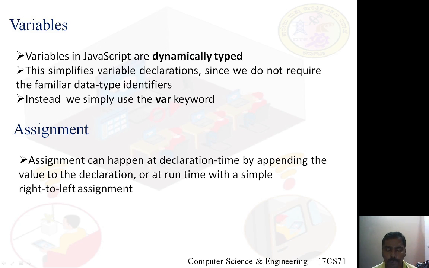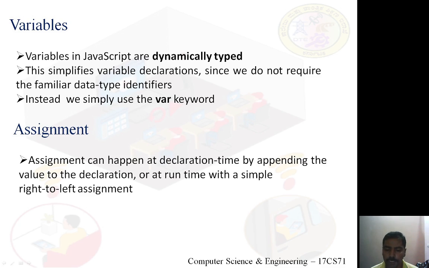Suppose in C or Java, if you want to declare a variable that refers to a memory location that should store only an integer value, then we need to use the int keyword. Similarly, if the memory location should hold a value only of type float, then we use the keyword float.